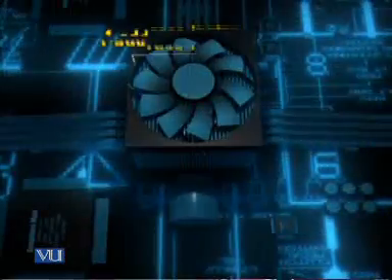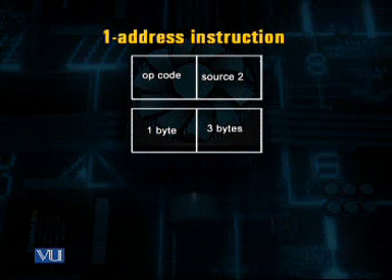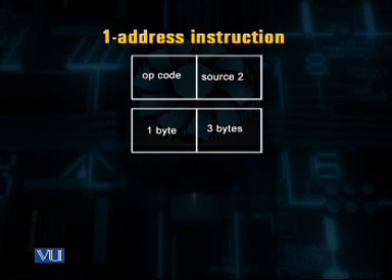Whereas for the 1 address instruction word, the code size is 4 bytes, 3 for the address and 1 for the opcode, whereas the number of bytes accessed from the memory are 4 bytes of instruction, 3 bytes of the source operand, and 0 bytes for storing the destination in this particular case.